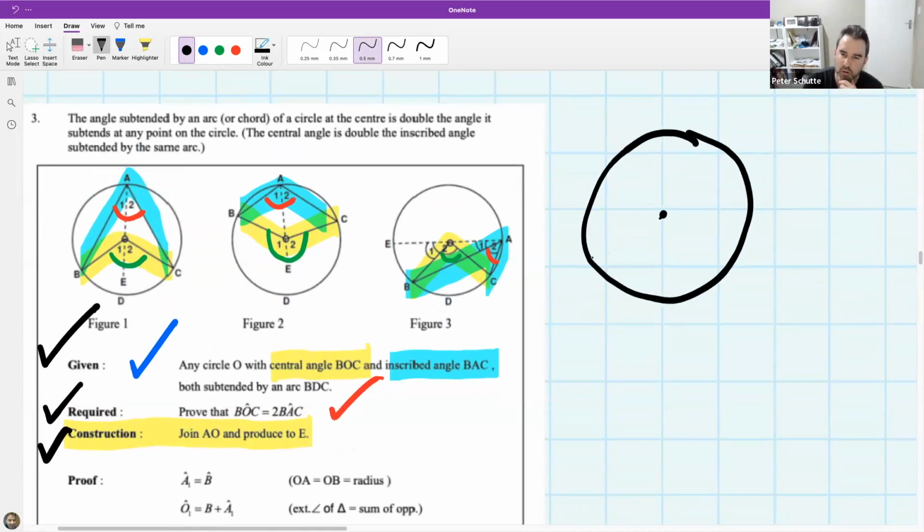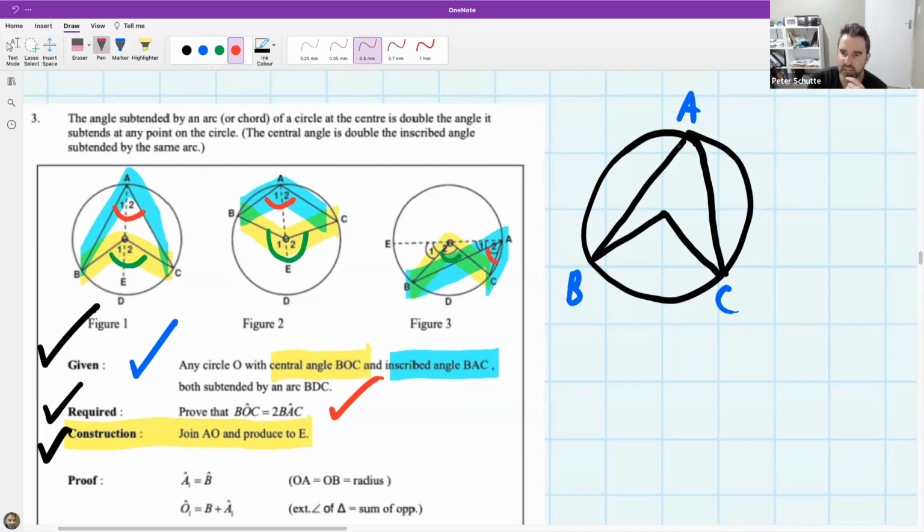I have center O, and this is going to be A, B, and C. And then I need to have this, so that would be O, and this is called E. And then we can even call that A1 and A2, and we call this 1 and 2.